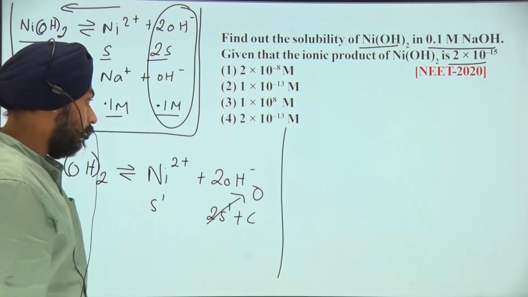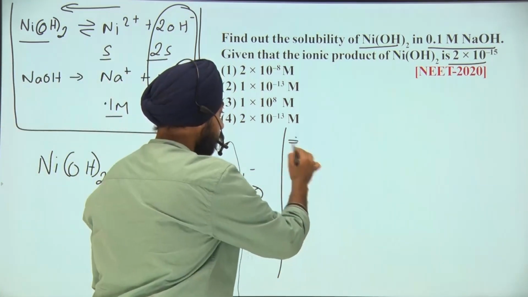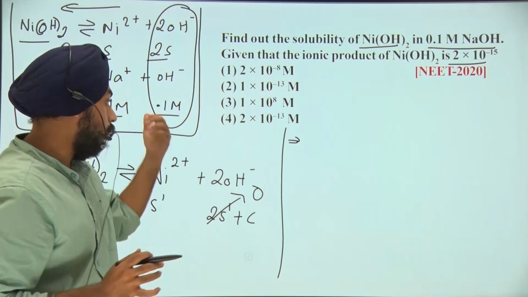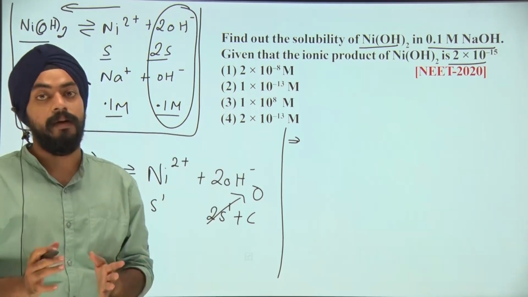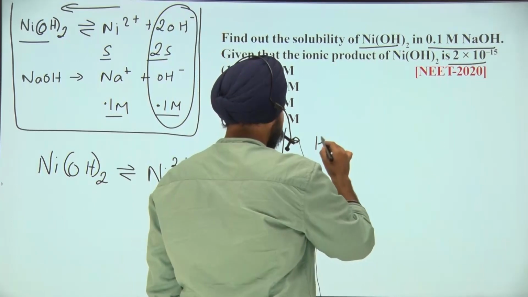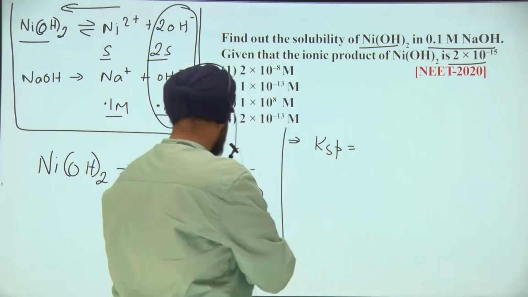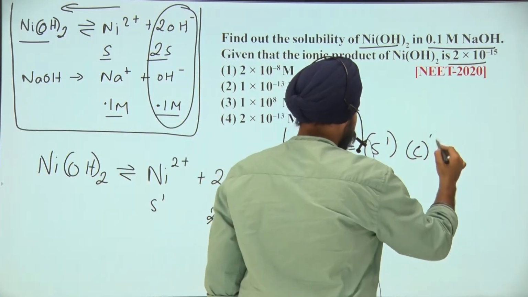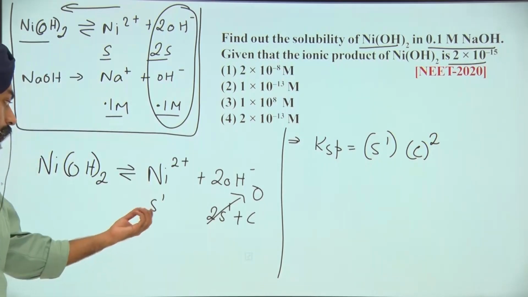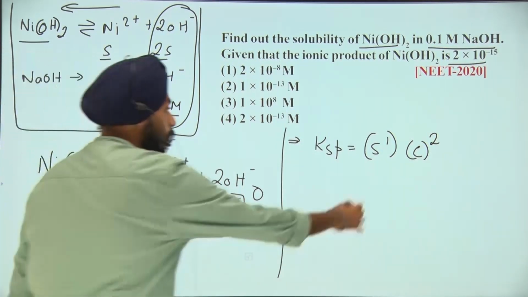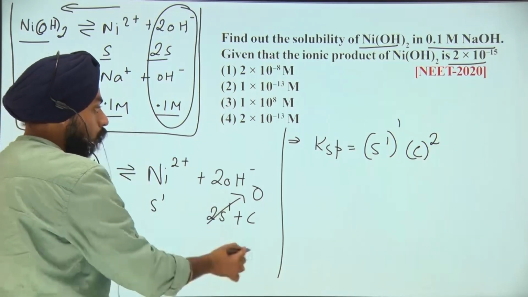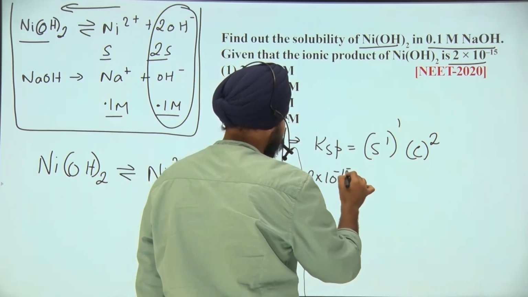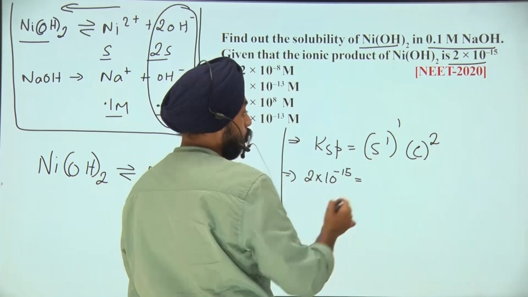So if we neglect this, now students, if you have a common ion effect, it won't affect Ksp, because Ksp is affected by temperature only. So the value of Ksp will be the same as before. So this will be equal to S dash into C square. I can write it as S dash to the power of 1, because the stoichiometry is 1, into C square, and Ksp has been given, this is 2 into 10 to the power of minus 15, which is equal to S dash.